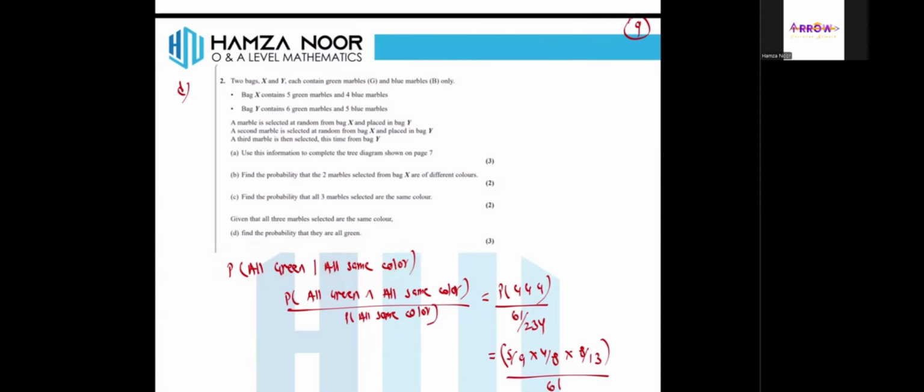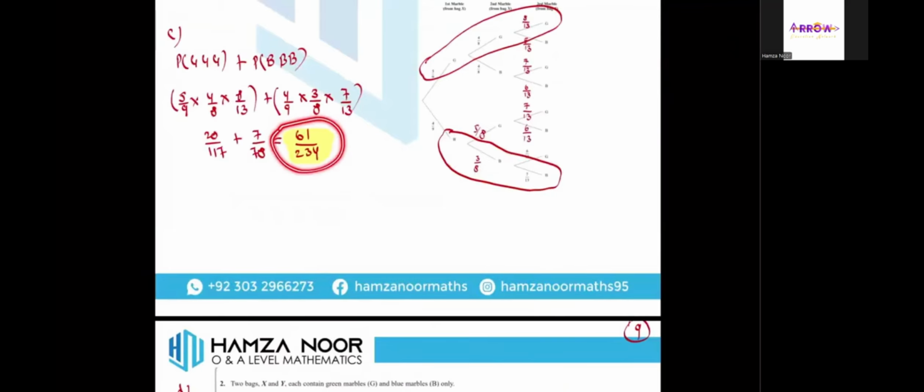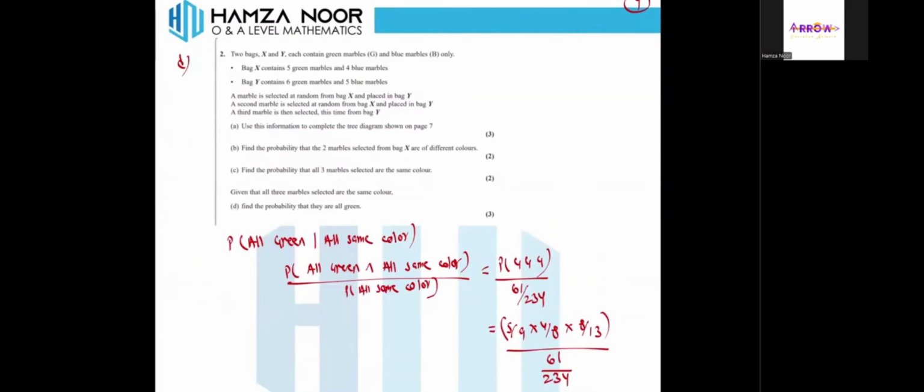This means all green intersection all same color, meaning first you will find the overlap between the event all green marbles and all same color, divided by the probability of all marbles the same color. And that value you have found in part C, which is 61 over 234.